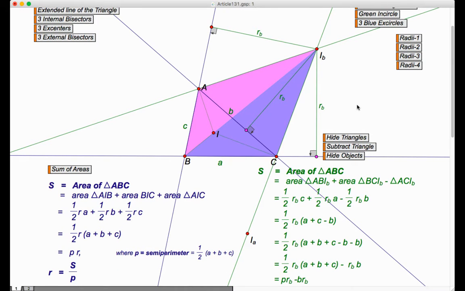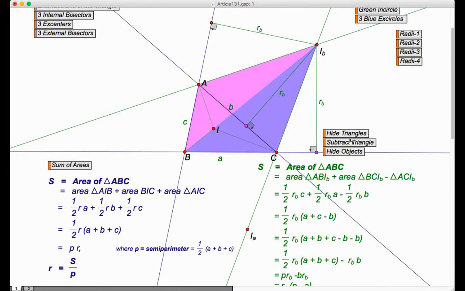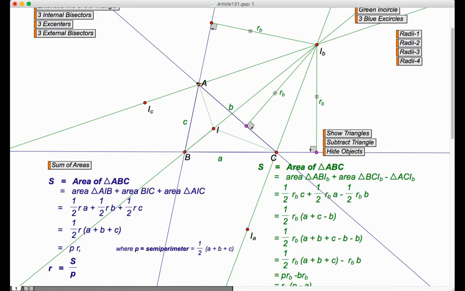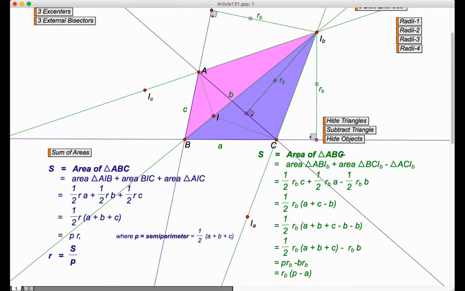Here are the things that we've got. In this particular situation, we have the area of the triangle first. So area of triangle ABC, I will extend it because I want to make use of I sub b. There are three circles in here, but right now I only color two triangles, the pink one and the blue one. But I want to focus on the area of the triangle ABC, so that is just this triangle here.